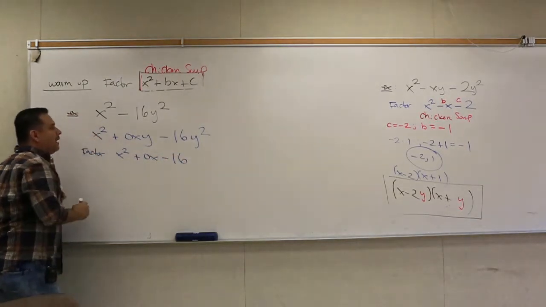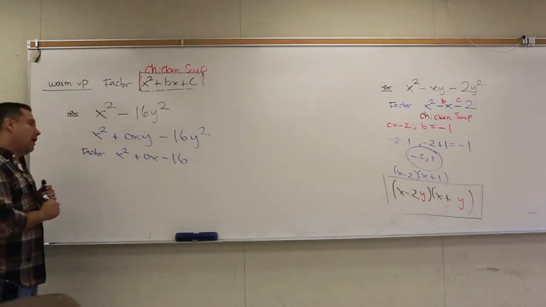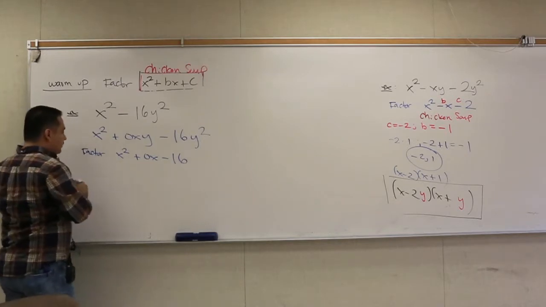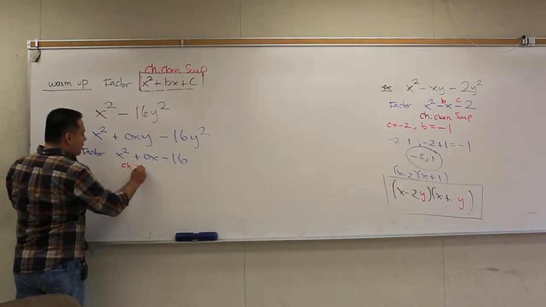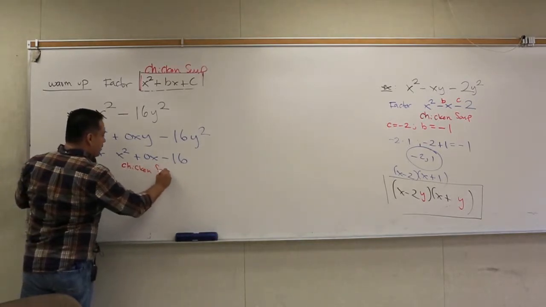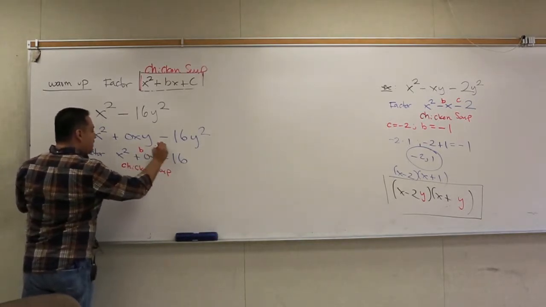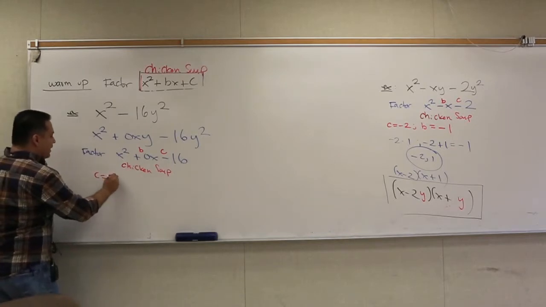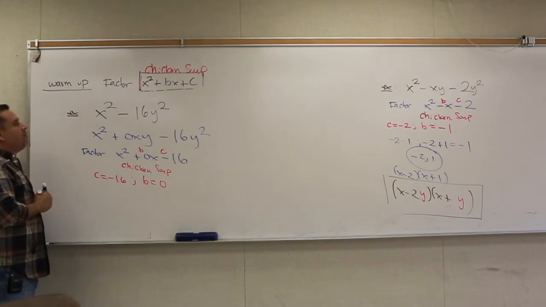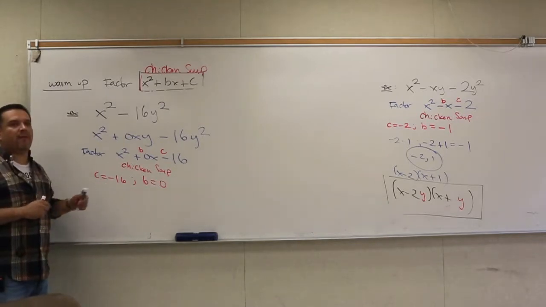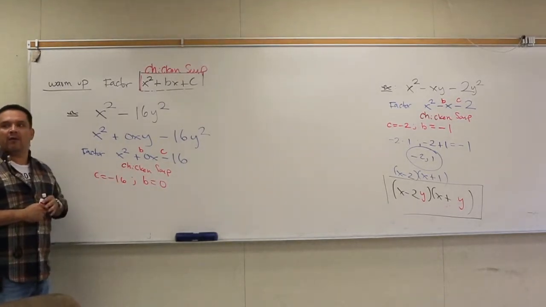In other words, forget about your y term. And when you do, we look at this and we say, this is chicken soup. My b term is 0, my c term is negative 16. I need two numbers multiplied together is negative 16, but when added is 0.